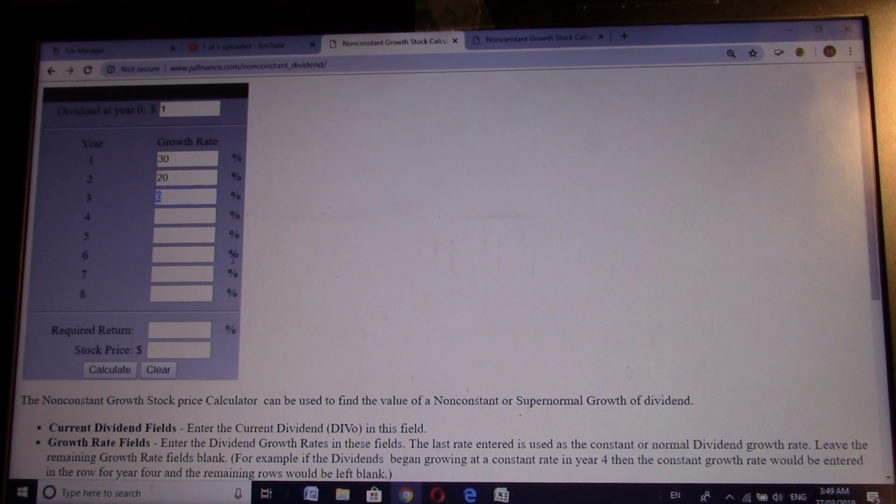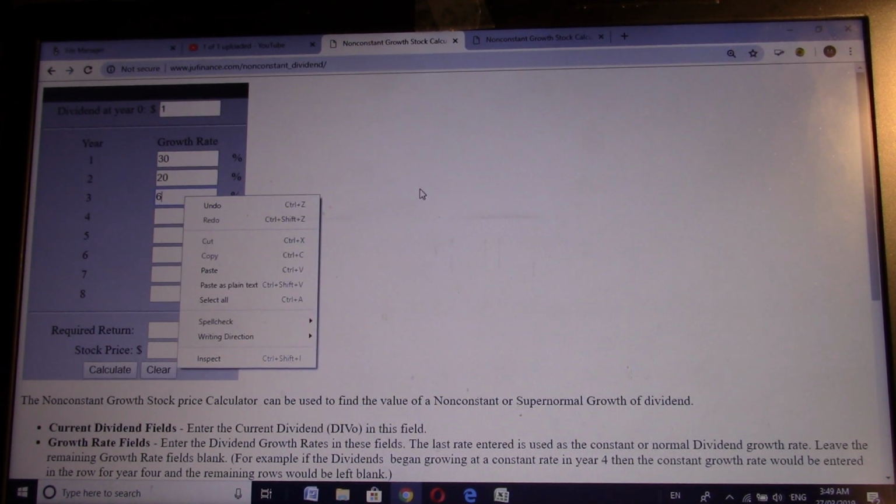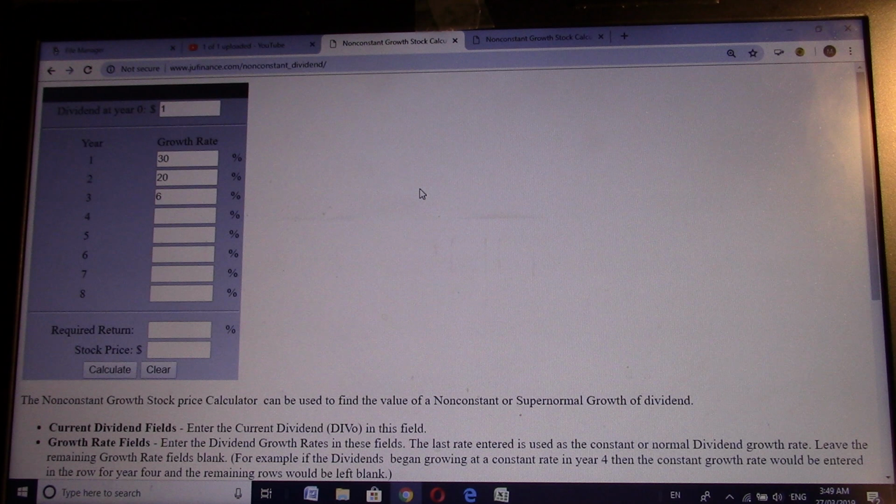This is the growth rate for dividend, and since the stock price starts growing at a constant rate since year 3, it's just like when we're using P0 equals D1 over R minus G. So year 3's dividend is like D1 in the dividend growth model, and year 2's stock price is like P0 in our dividend growth model.